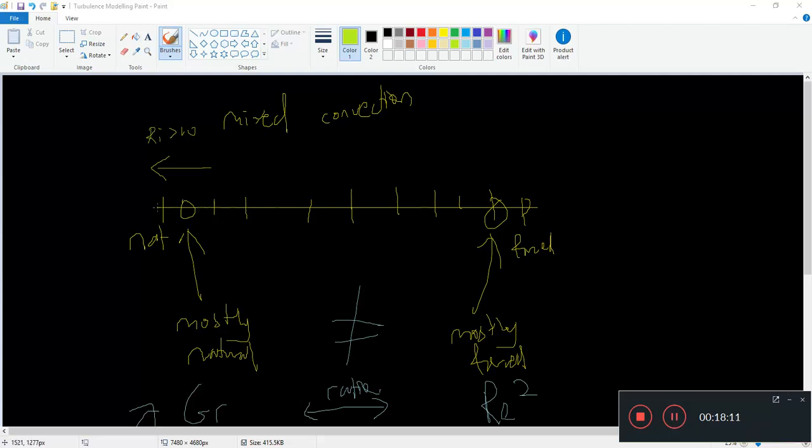On the other end of the spectrum, you have a Richardson number less than 0.1. Then you can neglect the natural convection for the most part.